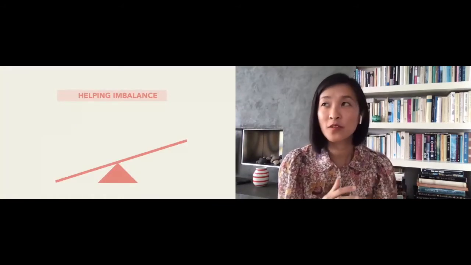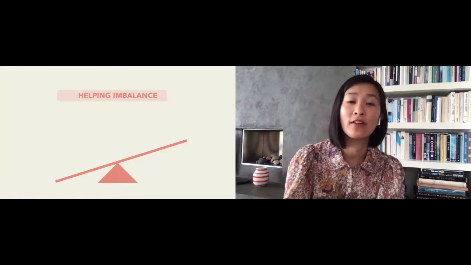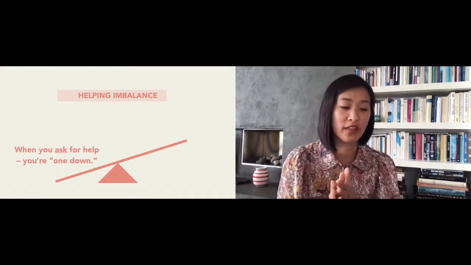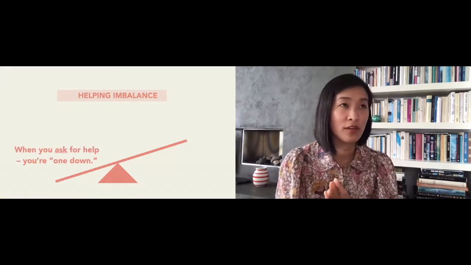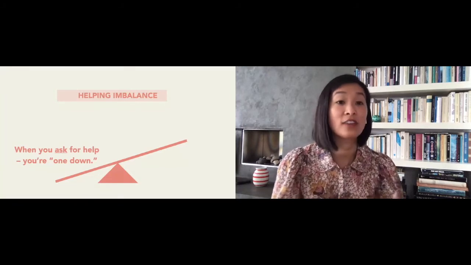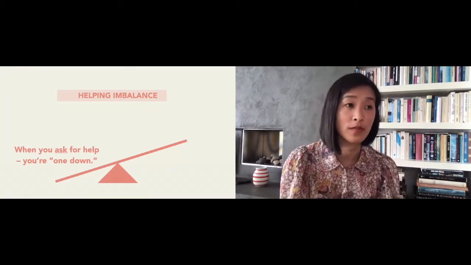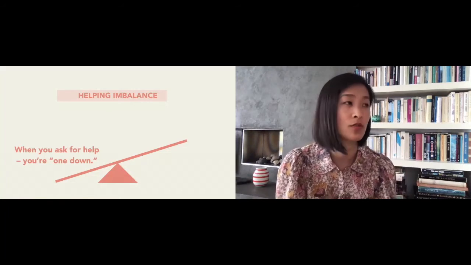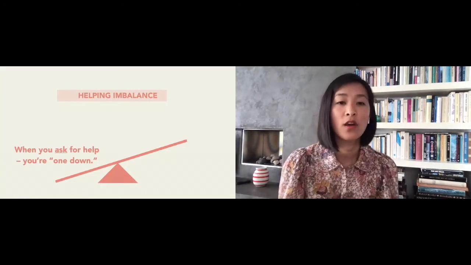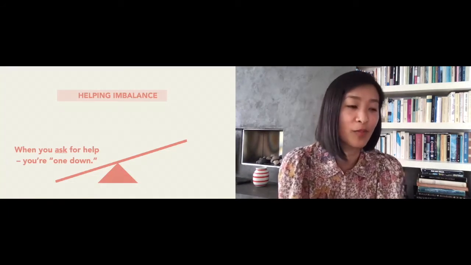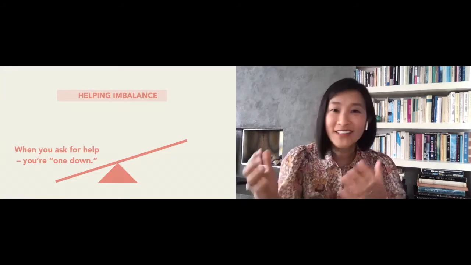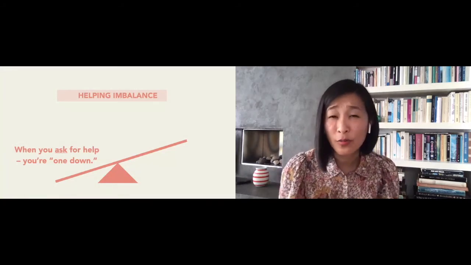And yet when you help someone, there's this really interesting imbalance that happens. When you have someone who is asking for help, right, so this might be maybe yourself at some point, or it could be a direct report, you are one down, so to speak. You're in a vulnerable place.